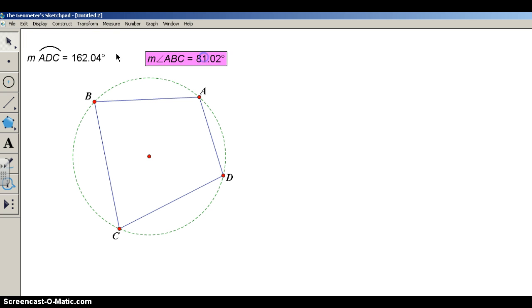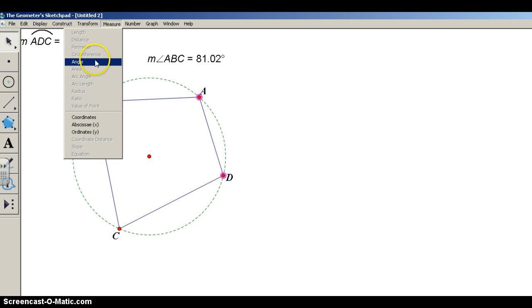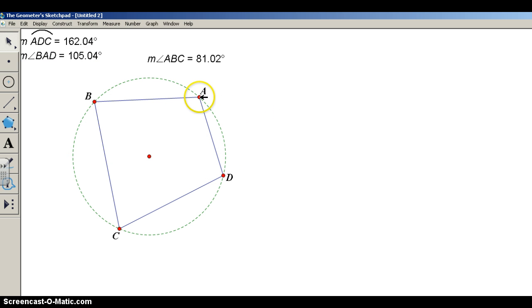We already have the measure of angle ABC. Let's measure the other 3 angles. I'm going to do this kind of quickly here. Let's put them where they belong.